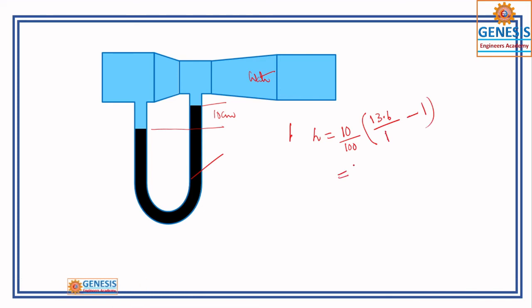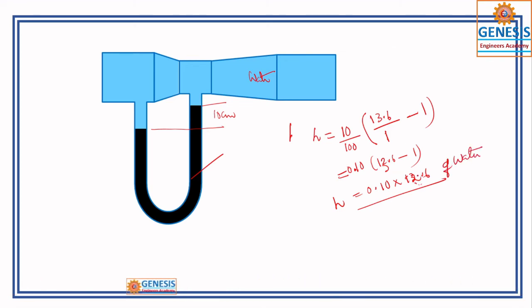So then it is 0.1 into 13.6 minus 1, that is 12.6. So eventually you will get 12.6. So this is the H in terms of water.